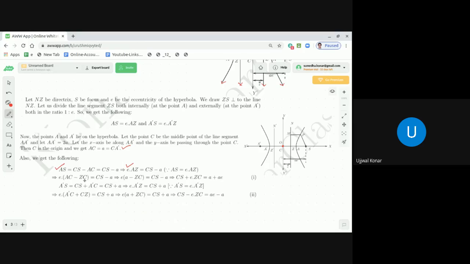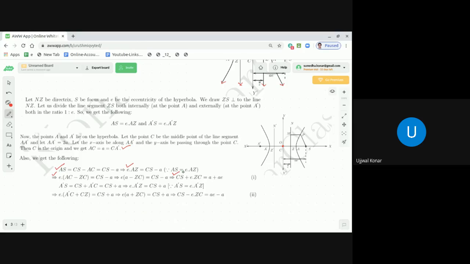What is AZ? AZ is nothing but AC minus ZC, so E into (AC minus ZC) is equal to CS minus a. AC is lowercase a, so E into (a minus ZC) is equal to CS minus a. That implies CS plus E into ZC is equal to a plus aE. That we got here, students.